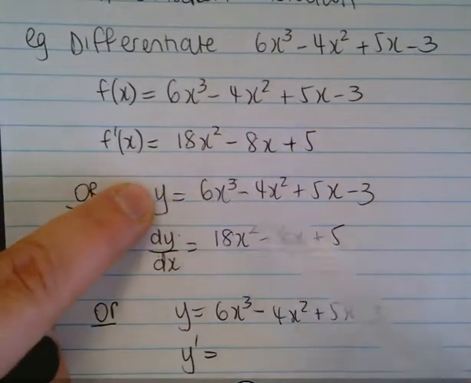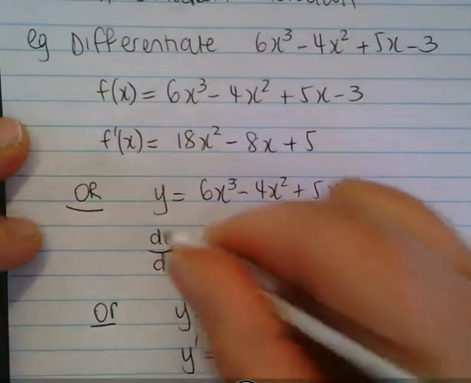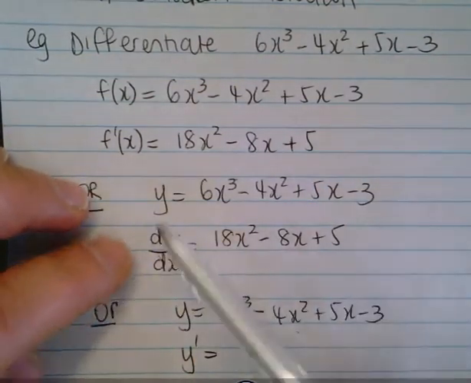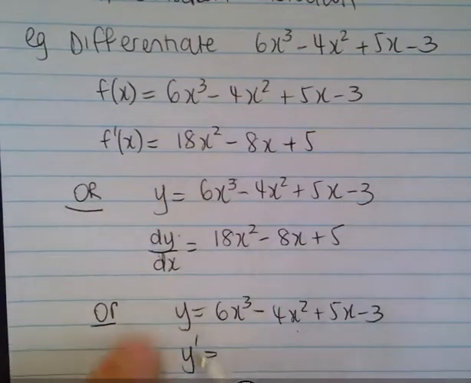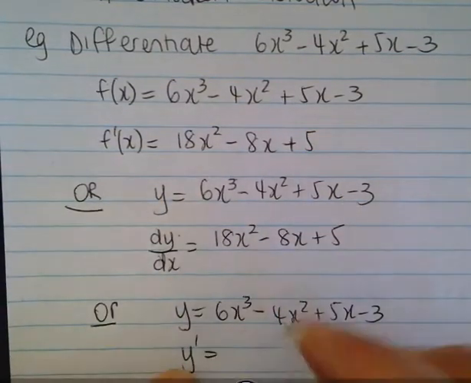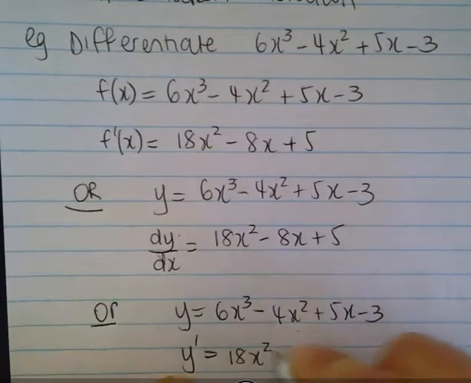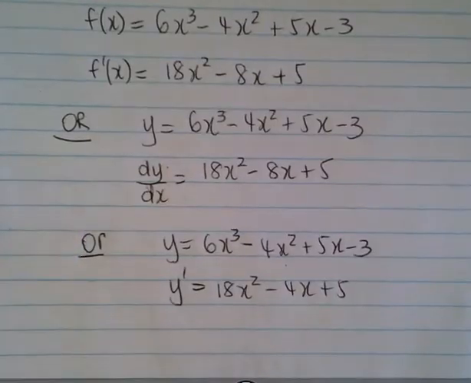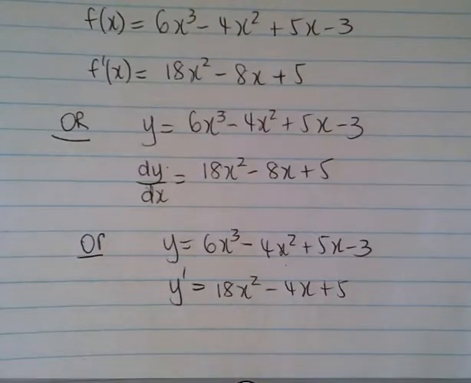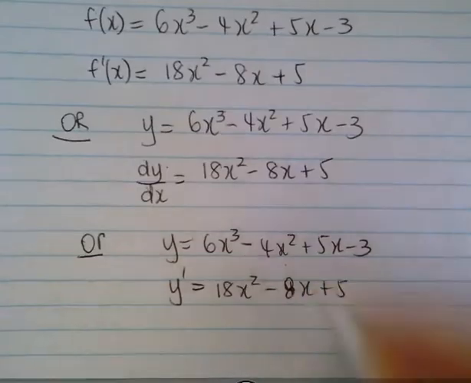If your question's given to you as y equals, you've got two options. dy dx, and why is it dy dx? Because you're differentiating y with respect to x, all right? Or you could write y dash, which would be 18x squared minus 8x plus 5. Now, just another thing with notation.